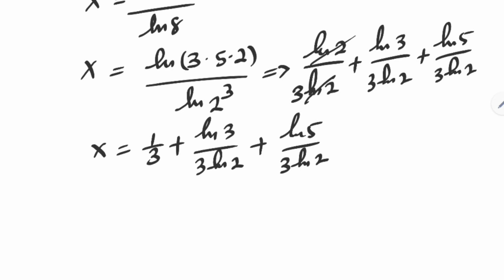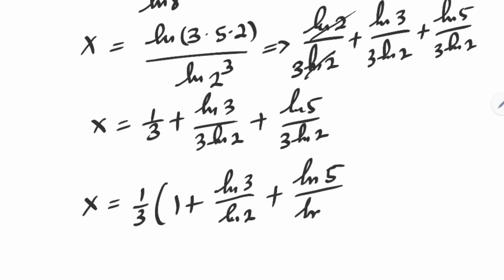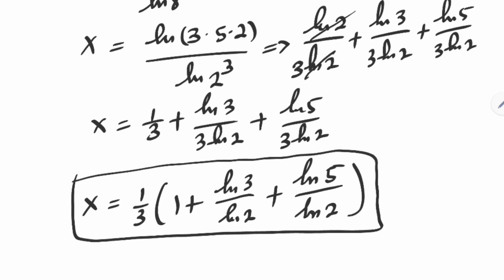Here, 1 over 3 is common. Let's bring it out. x will be equal to 1 over 3 bracket 1 plus ln of 3 over ln of 2 plus ln of 5 over ln of 2. This is the final answer in terms of natural logarithm.